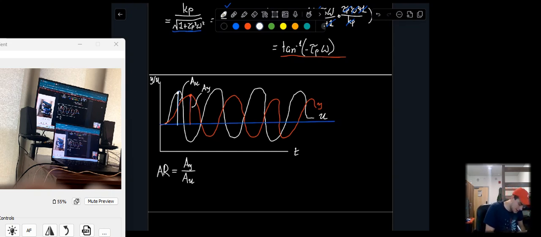Similarly, we're going to define another value here. We're going to look at the peak to peak between the waves and call that delta P. Then we're going to call the peak to peak on the input wave regular P. And our phase angle is simply the change in peak over peak.